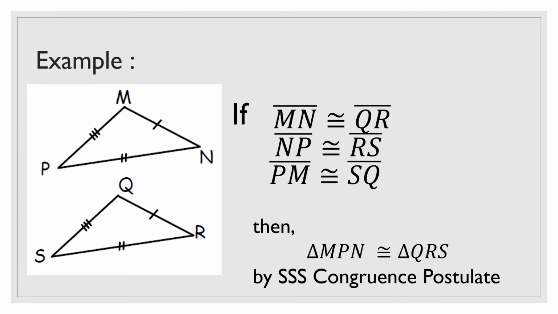So triangle MPN is now congruent to triangle QRS by SSS Congruence Postulate. So, pansinin natin mabuti that the three corresponding sides of the two triangles are congruent. That's why the two triangles are congruent by SSS Congruence Postulate.